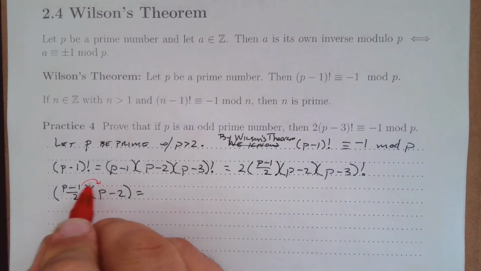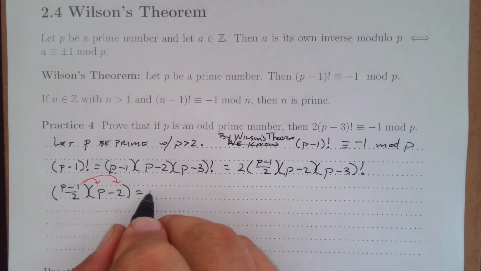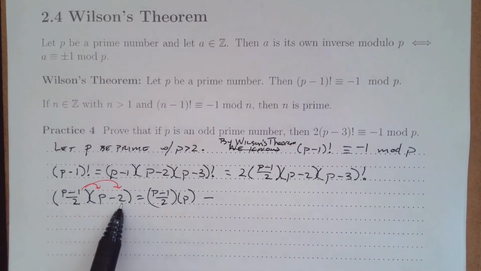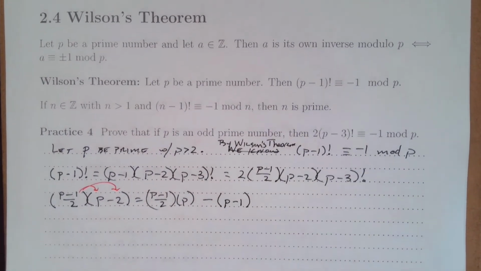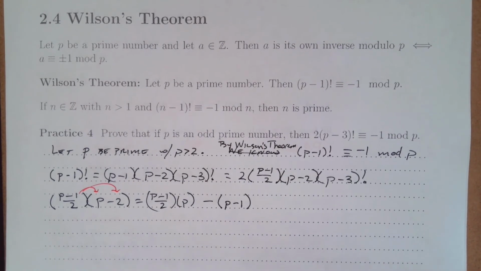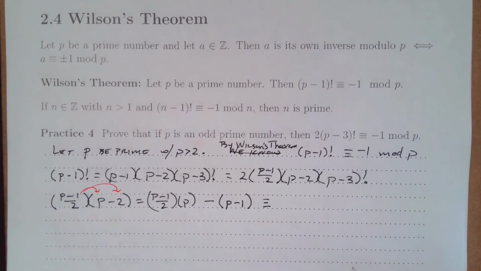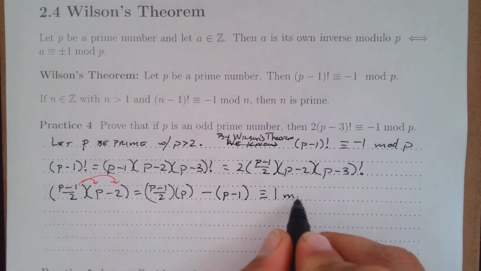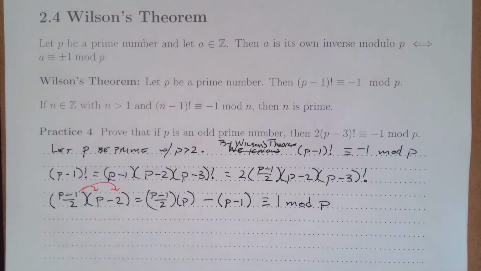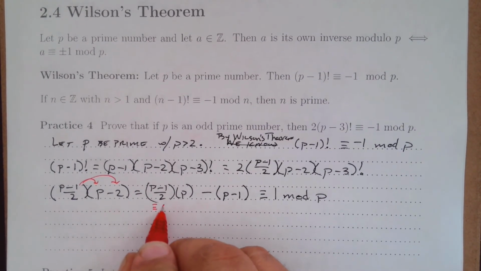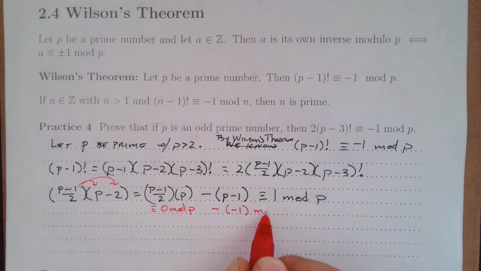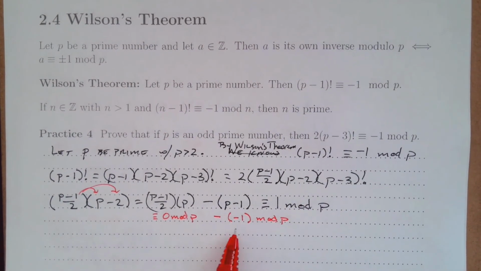If I use the distributive property, that gives me (p − 1)/2 times p minus (p − 1)/2 times 2, which is just (p − 1)/2 times p minus (p − 1). This has to be equivalent to 1 mod p, because (p − 1)/2 times p is equivalent to 0 mod p, and over here I have minus negative 1 mod p, because p − 1 is negative 1 mod p.